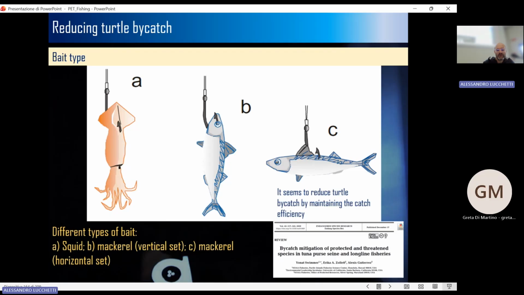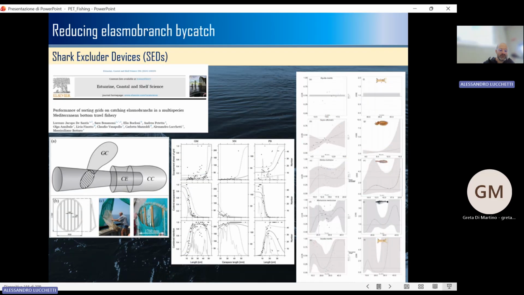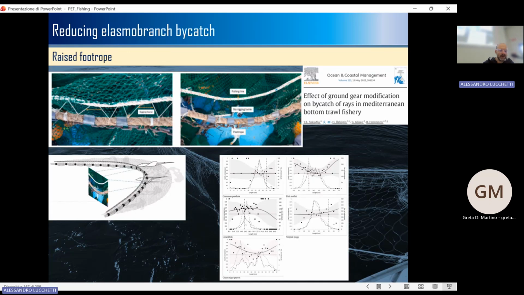Another solution is to change the type of bait from squid to mackerel. For sharks, we use the same grid as for turtles in this project, which is the Alive project, and we demonstrated the same as for turtles, more or less, even if they are not so effective with sharks, due to the dimension of our sharks.